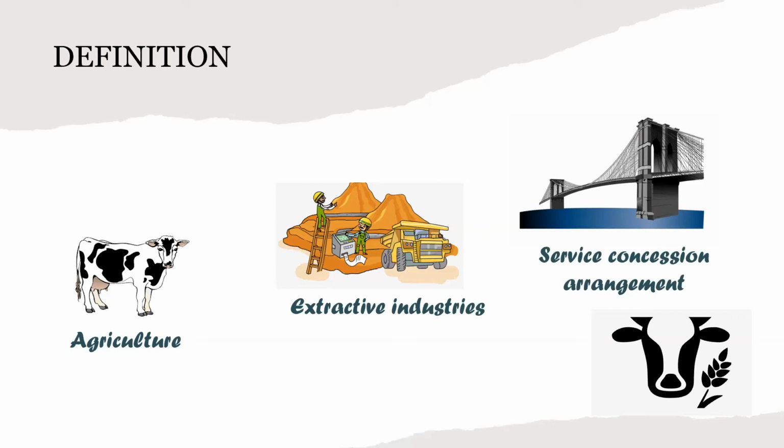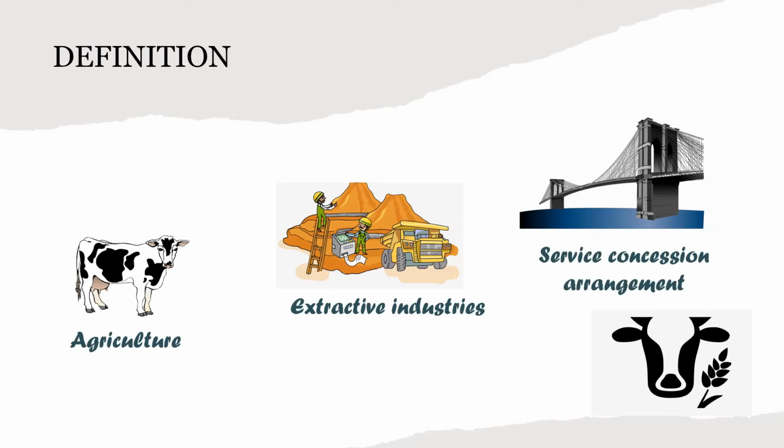Next is yung service concession arrangement. So, ito naman yung mga arrangements with government or public sector bodies. So, ito yung contracts with private operator to develop or upgrade, operate, and maintain the grantor's infrastructure assets such as roads, bridges, tunnels, airports, energy distribution networks, prisons, or hospitals.